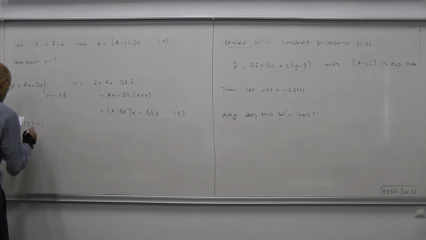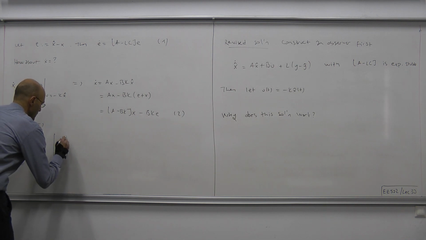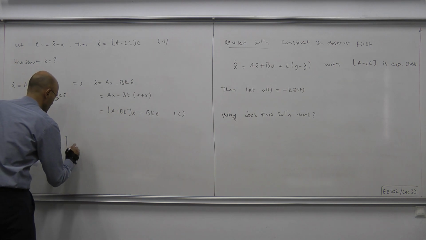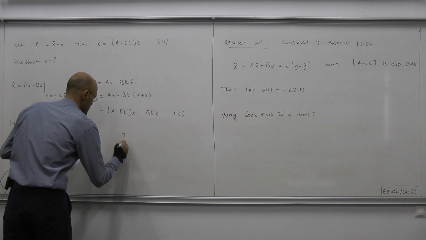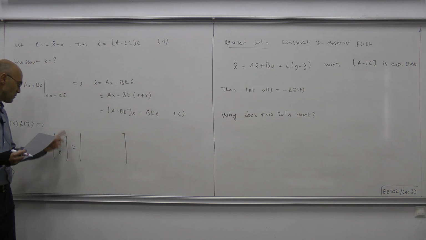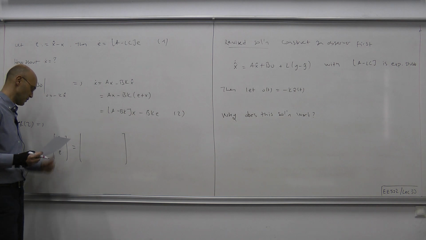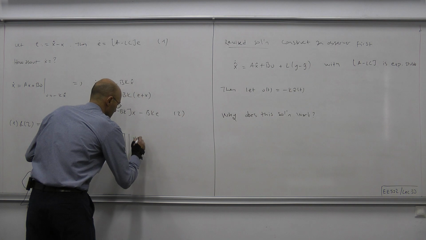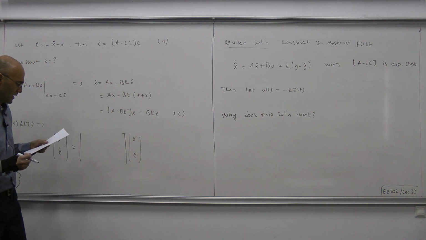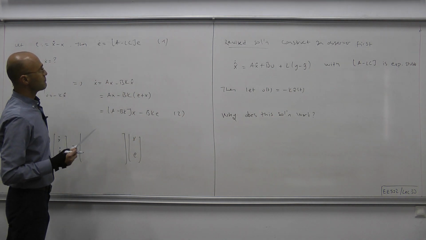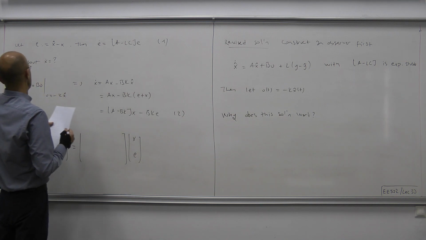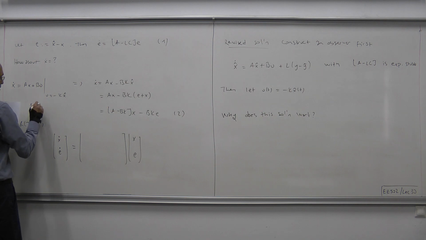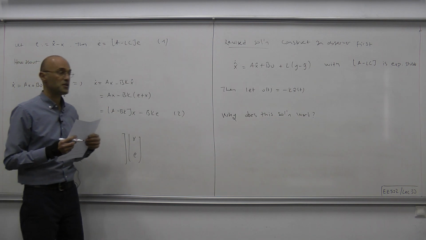So 1 and 2 imply the following: x dot, e dot equals this big A matrix times this big state vector, x e. Now, x is in R^n, so n is the order of our system.